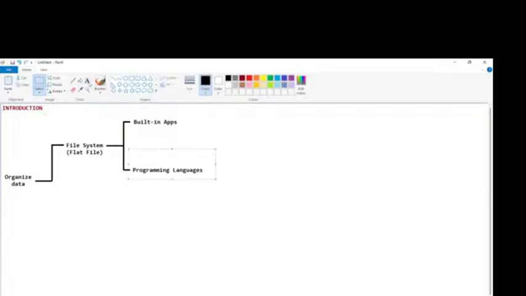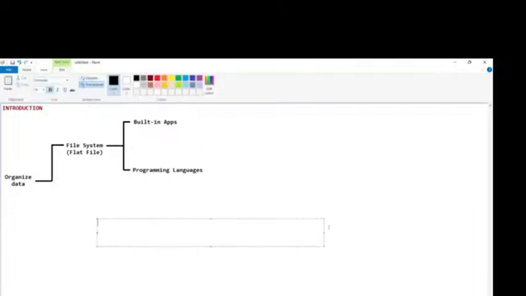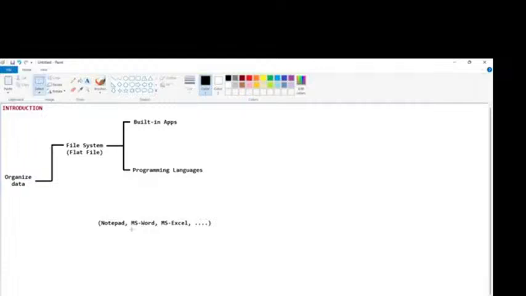When I use built-in applications, here I make a list. I can use Notepad. I can use MS Word. I can use MS Excel, etc. These all applications are built-in applications.